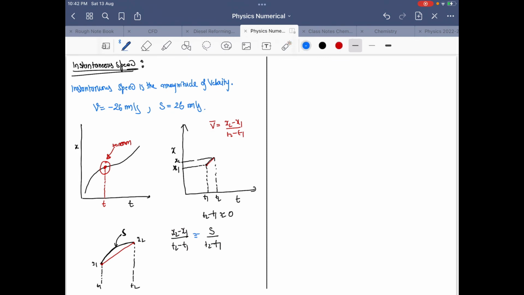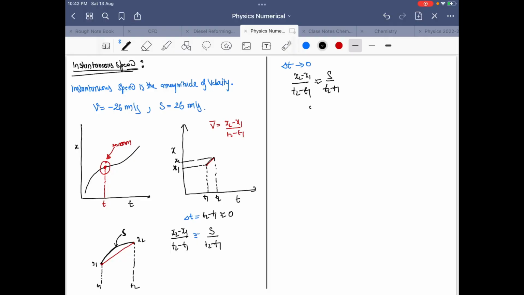That's why we say instantaneous velocity is when delta t, which we can write as delta t also, approaches 0 at any particular time, in this case t. So in that case, x2 minus x1 divided by t2 minus t1 is approximately equal to s divided by t2 minus t1.